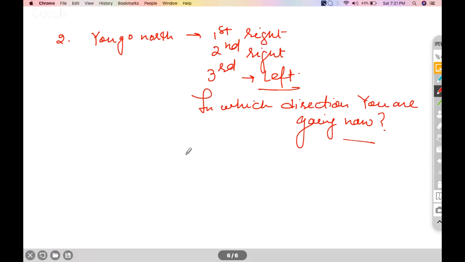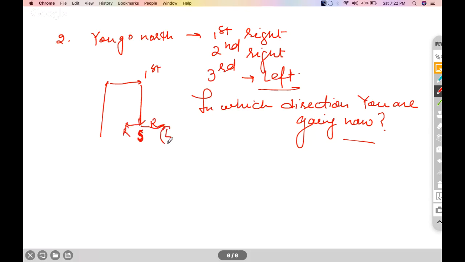So the answer over here is, if I'm going north, the right would be this direction. So this is my first turn. Again I take right, it means that I go in this direction. And then I take left. If I'm going south here, and from south I have to take left, so south, this is right and this is left.